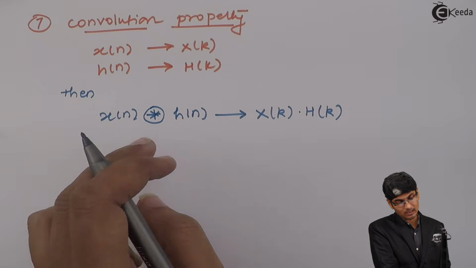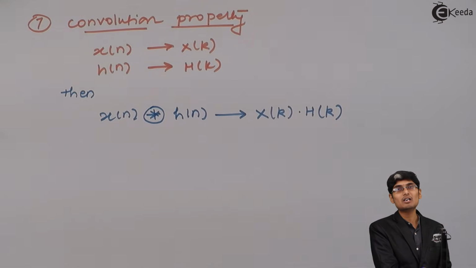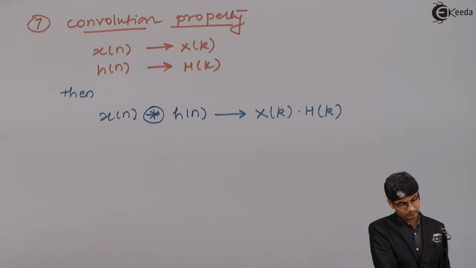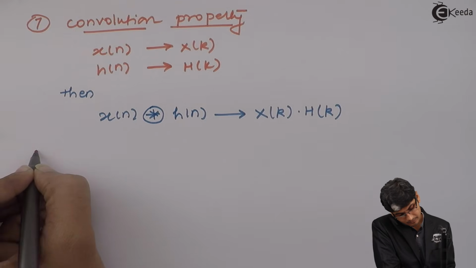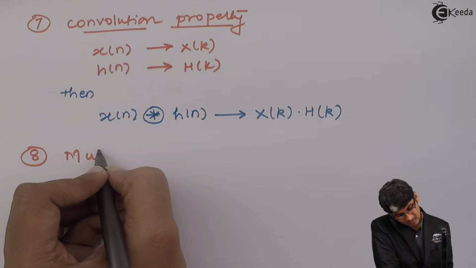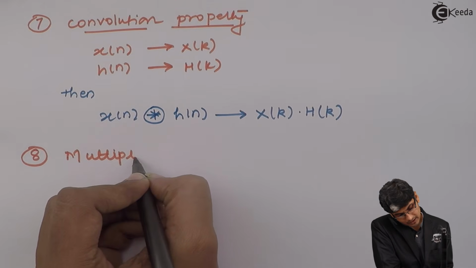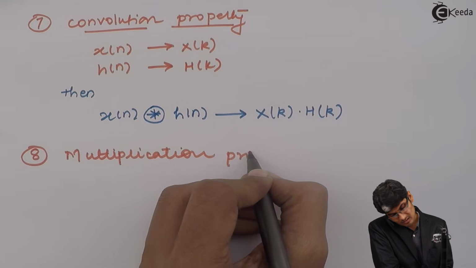It signifies that convolution in the time domain replicates multiplication in the frequency domain. Let us go with the eighth property, the multiplication of signals or multiplication property.